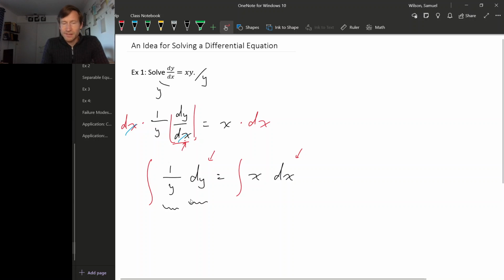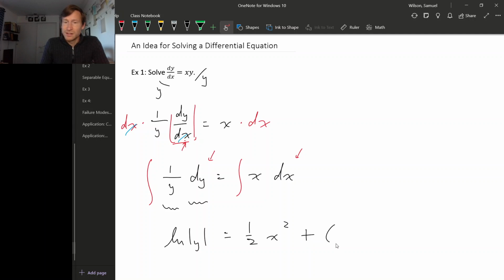So on the left-hand side, the integral of 1 over y dy, that's natural log of y. On the right-hand side, the integral of x dx, that's 1/2 x squared plus a constant. We could have put this plus c on either side of the equation, but we have to have a constant of integration somewhere when we do indefinite integrals.